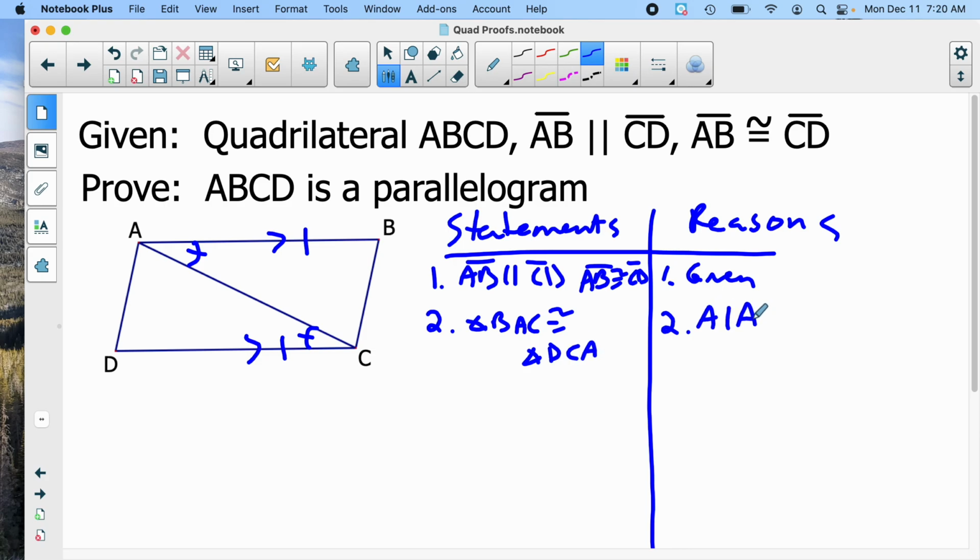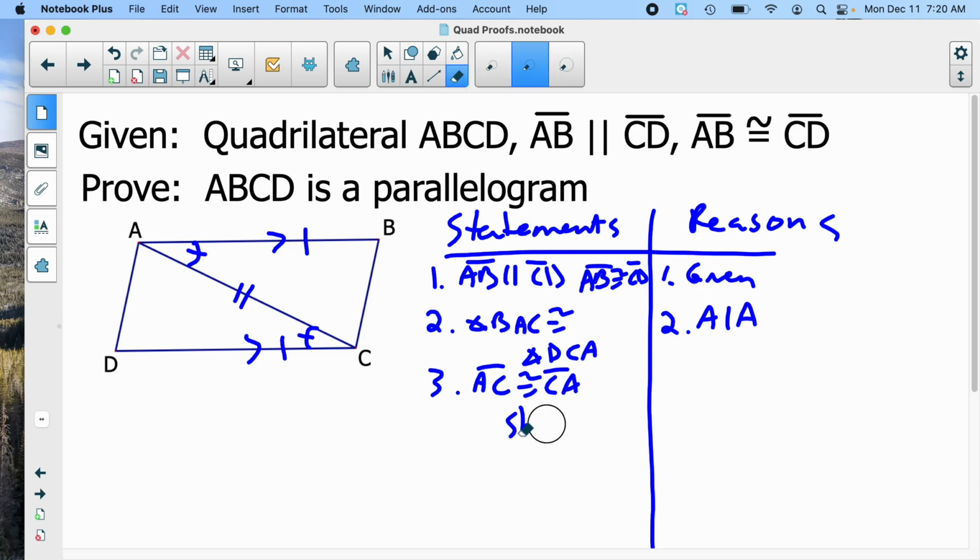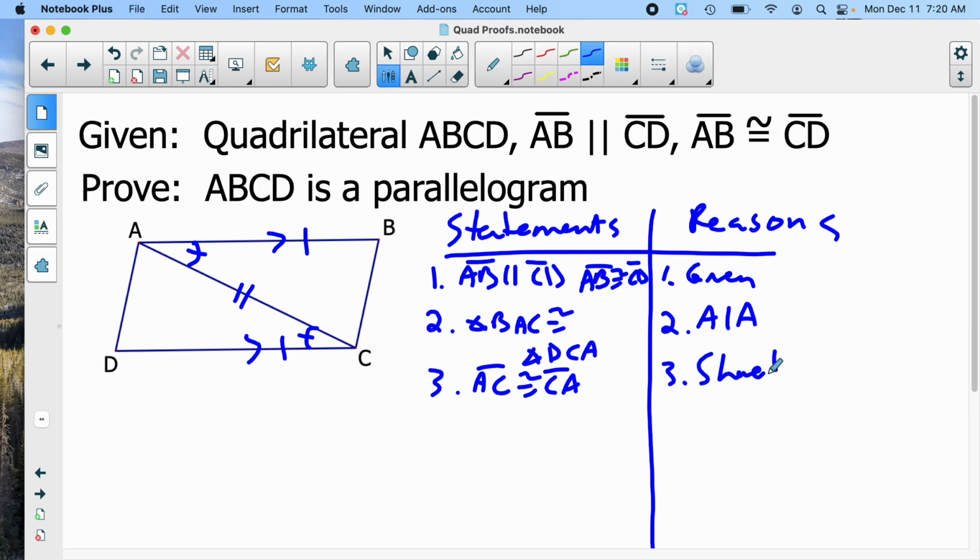I have a shared side. Oh, I'm writing shared side in the wrong spot. I think I got enough now to say my triangles are congruent. So triangle ABC is congruent to triangle CDA, and that's going to be by side angle side.